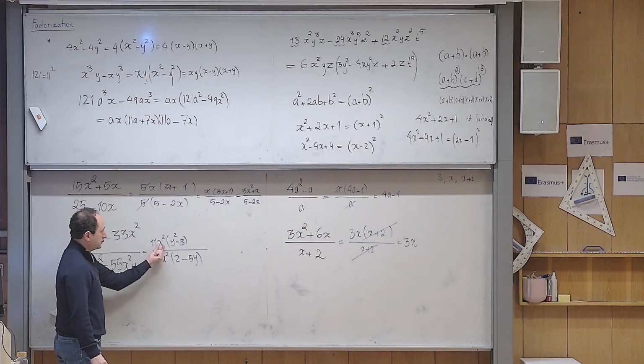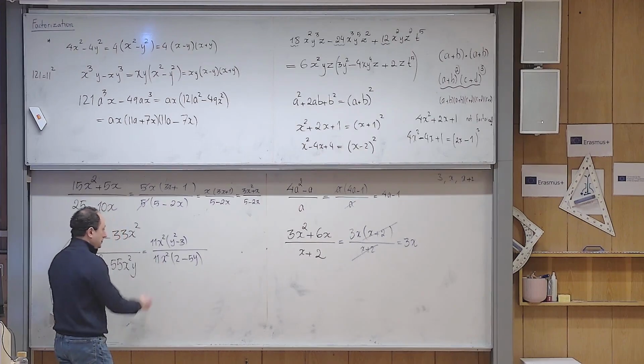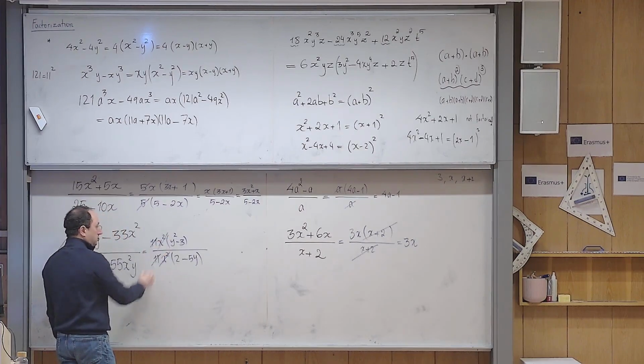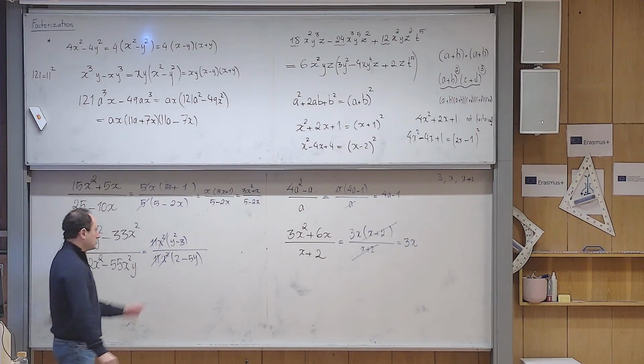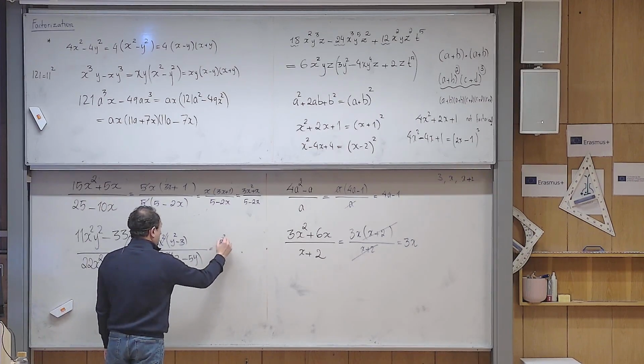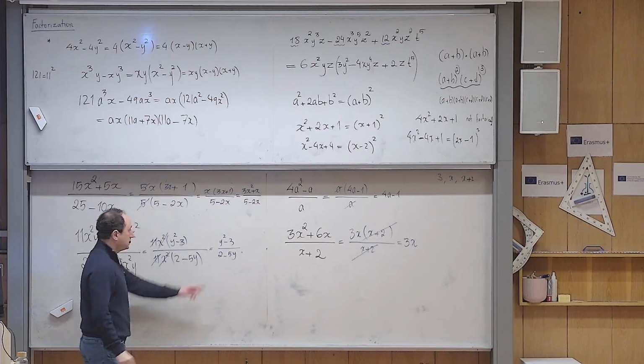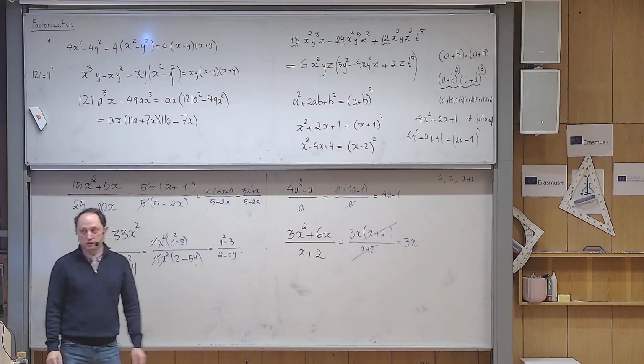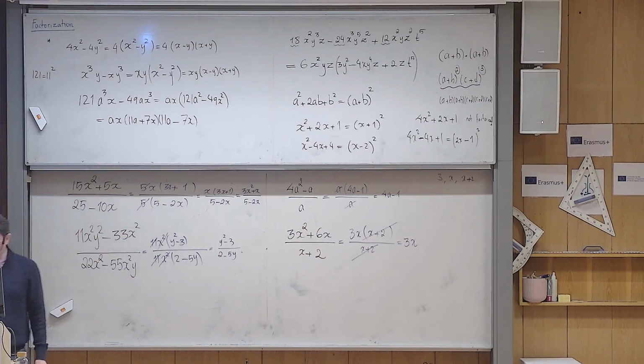One factor, another factor, another factor, so these common factors can be simplified. It becomes y squared minus 3 divided by 2 minus 5y. But this y and that y cannot be simplified anymore, and then you have to stop there.